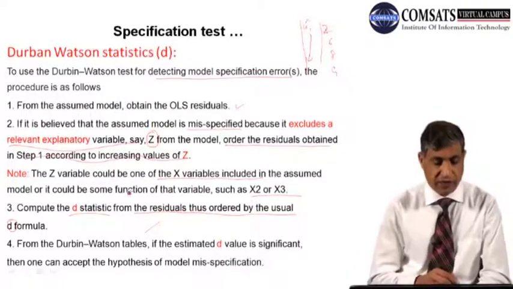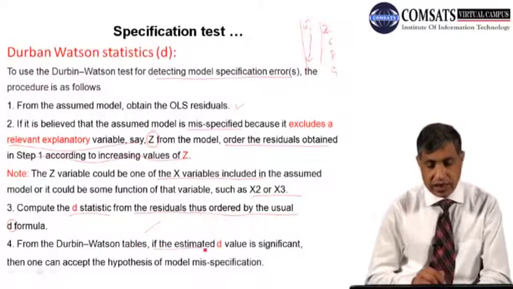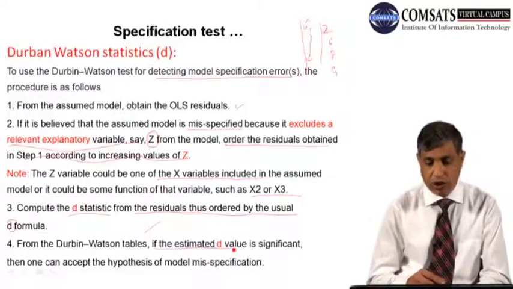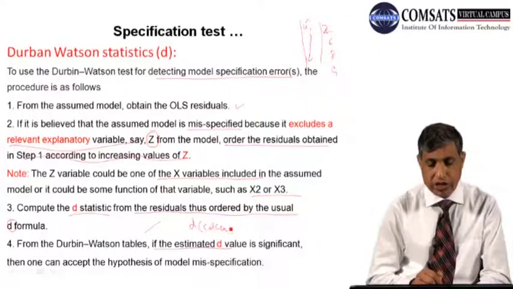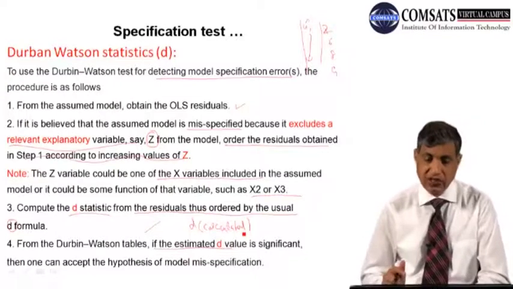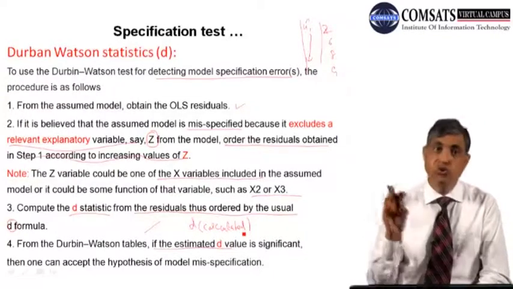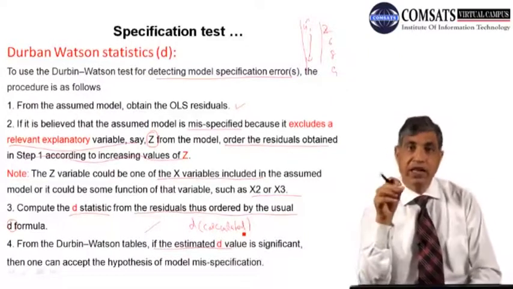So from the Durbin-Watson tables, if the D estimated, I will call it D calculated, that you calculated from the formula that I didn't write here. You calculated the D statistic, and now you went to the table of Durbin-Watson statistics. You have the degrees of freedom.